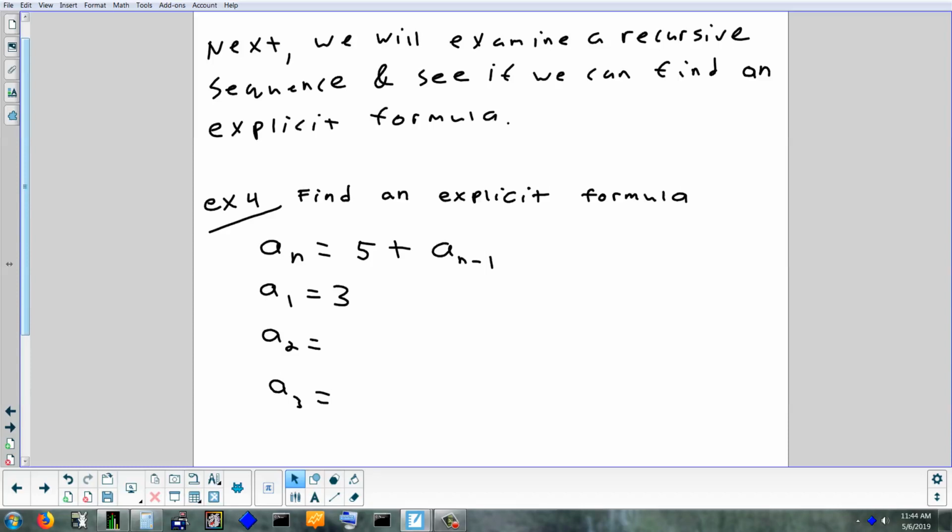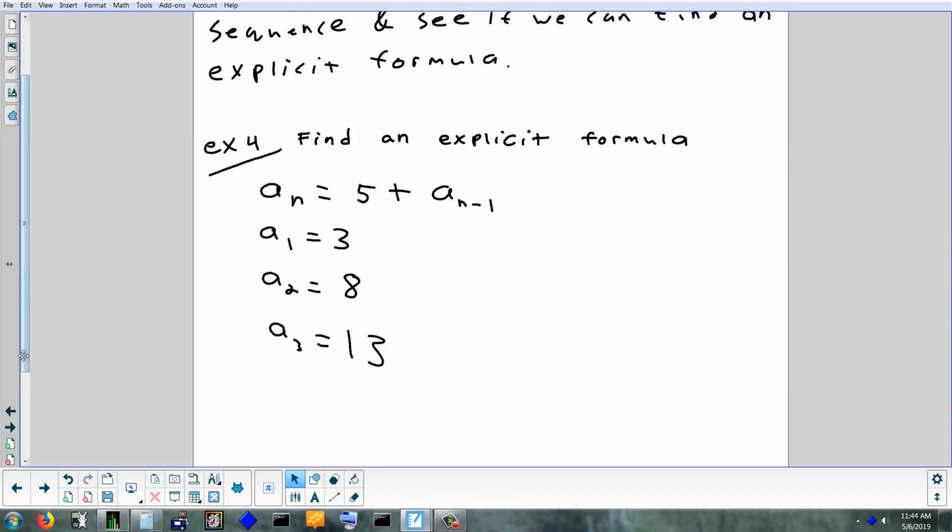All right. So let's list out the first few terms so we can get a pattern going. My first term is 3. What's my second term? 8. And what's my third term? 13. We could do one more, just to have one more.